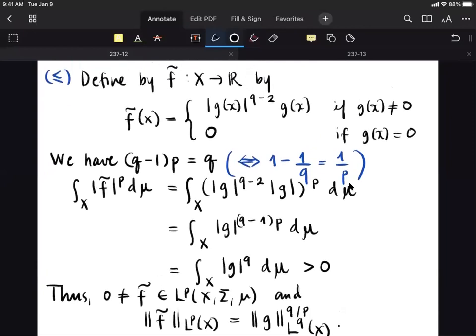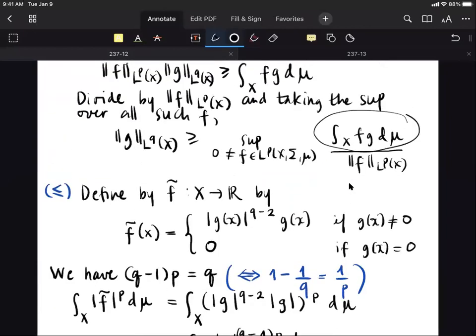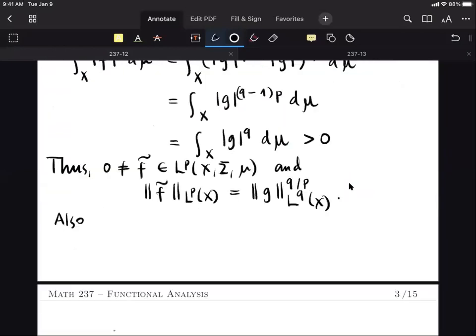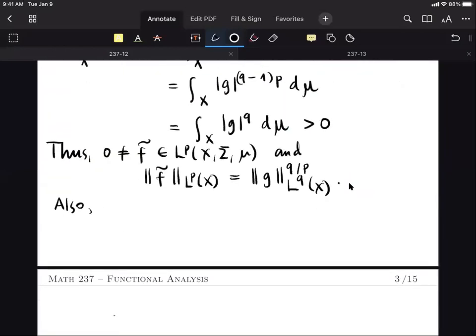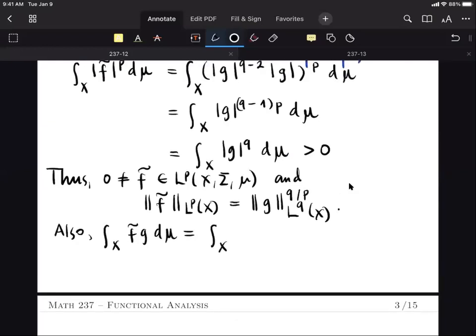Before we proceed, let us compute this where f is replaced by f tilde. Again, it is enough to consider the region where g is non-zero.